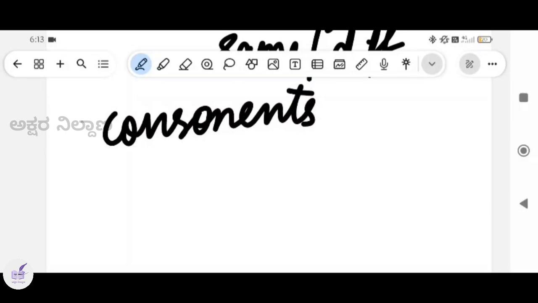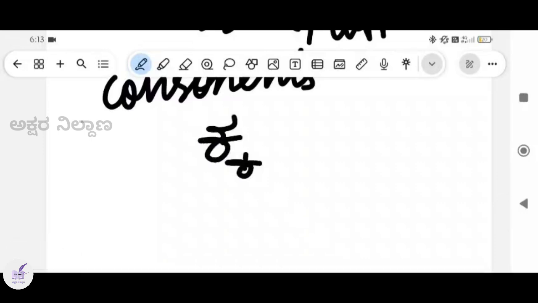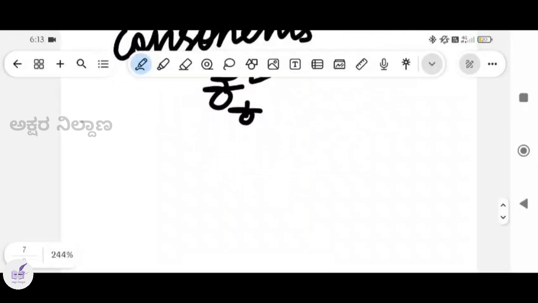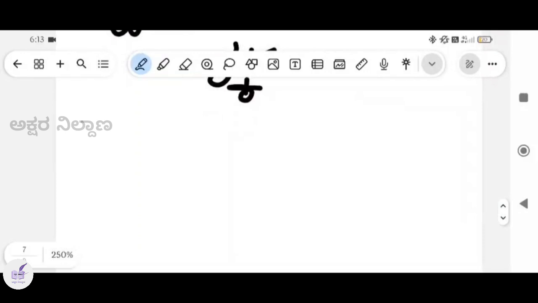And we learned the rules to write Vattaksharas. Vattakshara should be written at the right corner and its size should be smaller than the main consonant. Then we saw the types of Vattakshara. What are the two types? One is Sajati Vattakshara, the other one is Vijati Vattakshara.